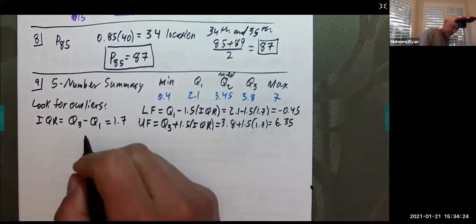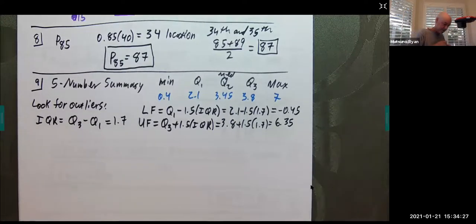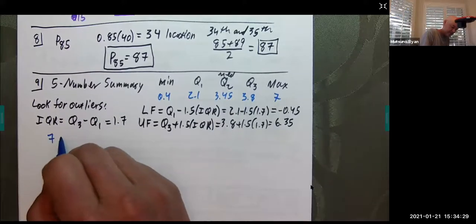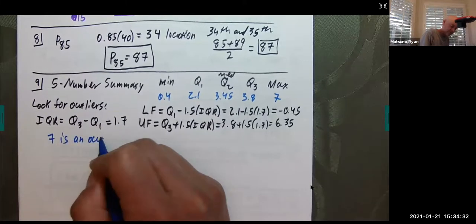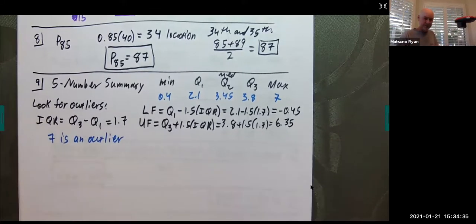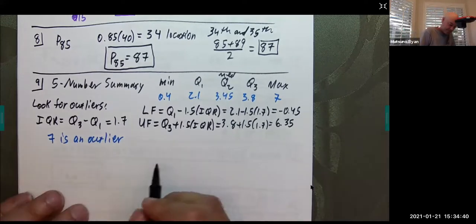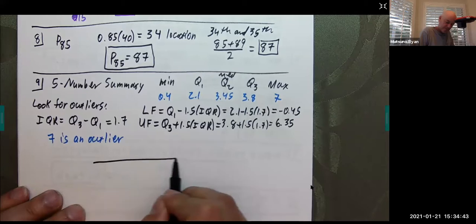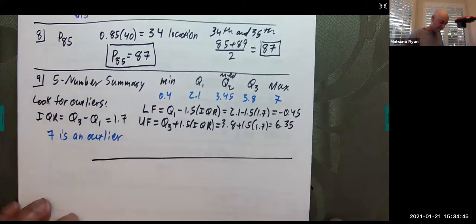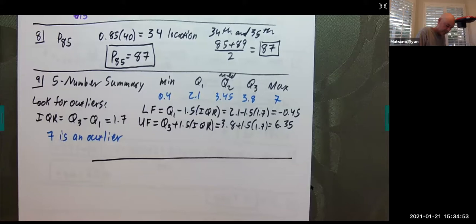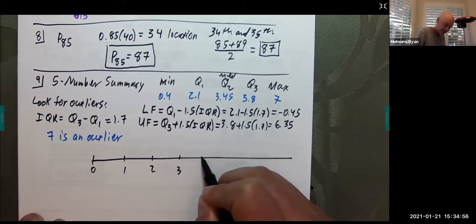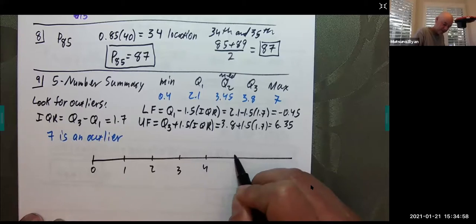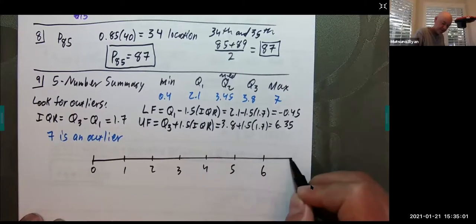So 7 is an outlier. And here's how we're going to handle this with the graph. So we'll say 0, 1, 2, 3, 4, 5, 6, 7.